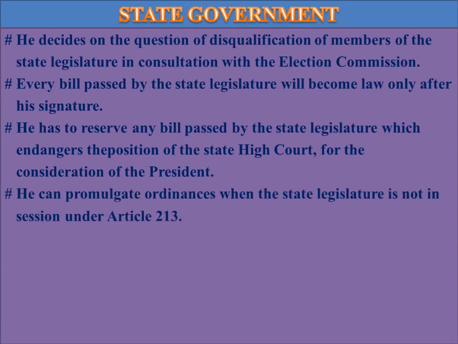The next one is he can promulgate ordinances when the state legislature is not in session, under Article 213. But these ordinances must be approved by the legislature within 6 months. He can also withdraw an ordinance at any time.